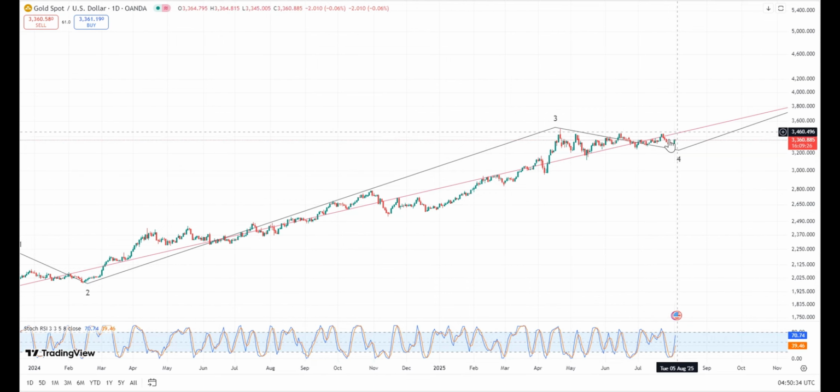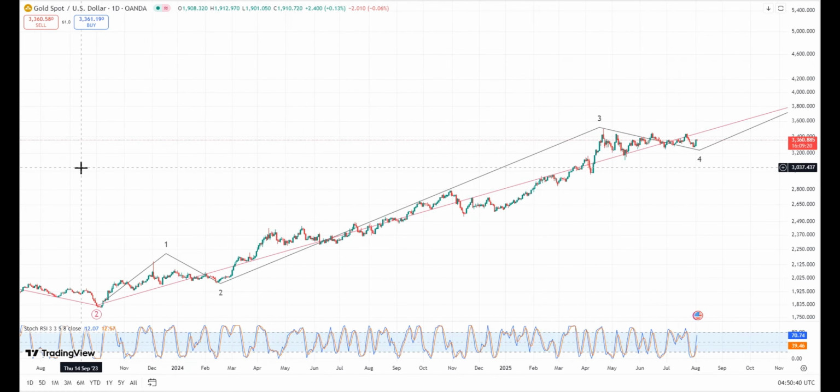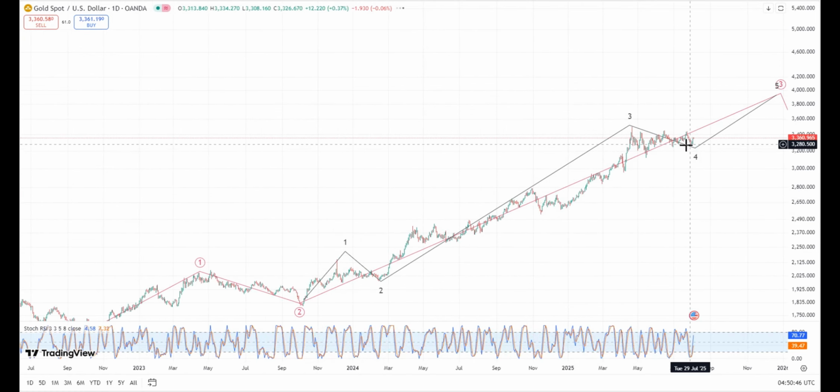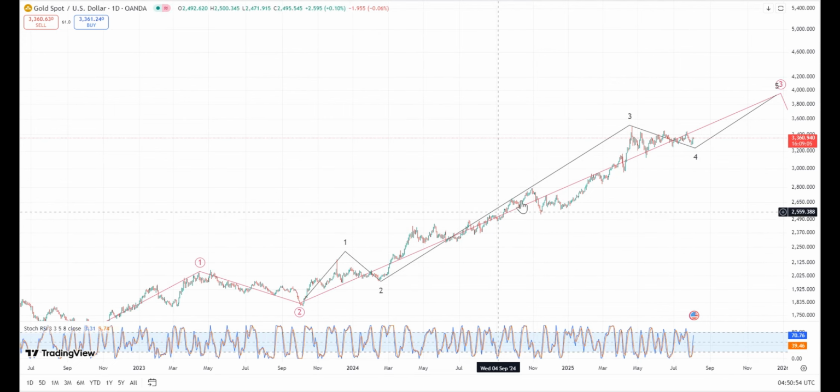As we go on in the video, we'll talk more on this, and I'll give you my weekly outlook. Now the daily time frame is also telling us, you can see the wave pattern. We can even project this wave 3 further to be 1, 2, 3, 4, and 5.